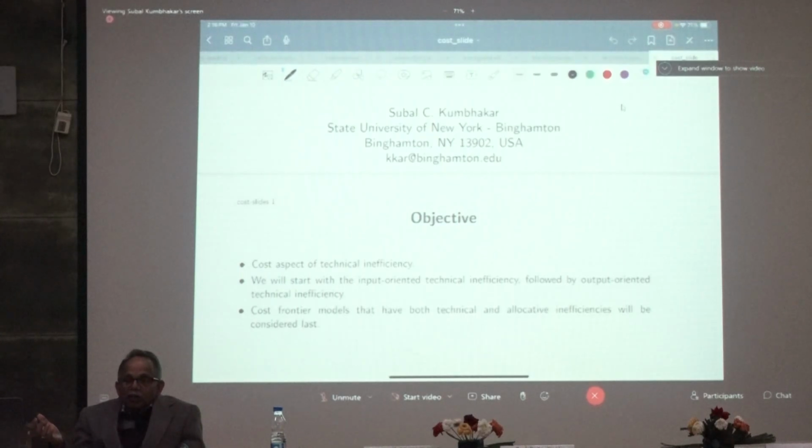Okay, so let's say when you go to a hospital, the doctors are there, nurses are there, but there are no patients, right? So your objective should be that the number of patients is outside your control. The hospital cannot control. They cannot force you to go to the hospital and get treated, right? So there are cases, this type of cases where output is exogenously determined.